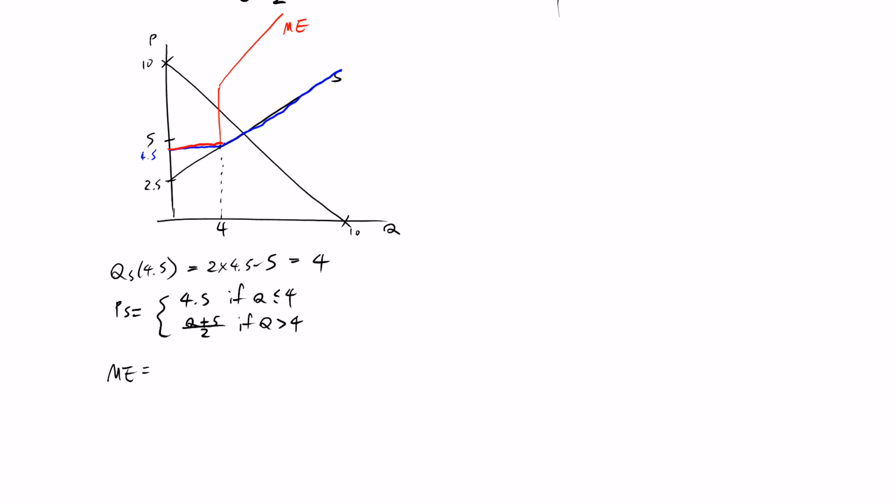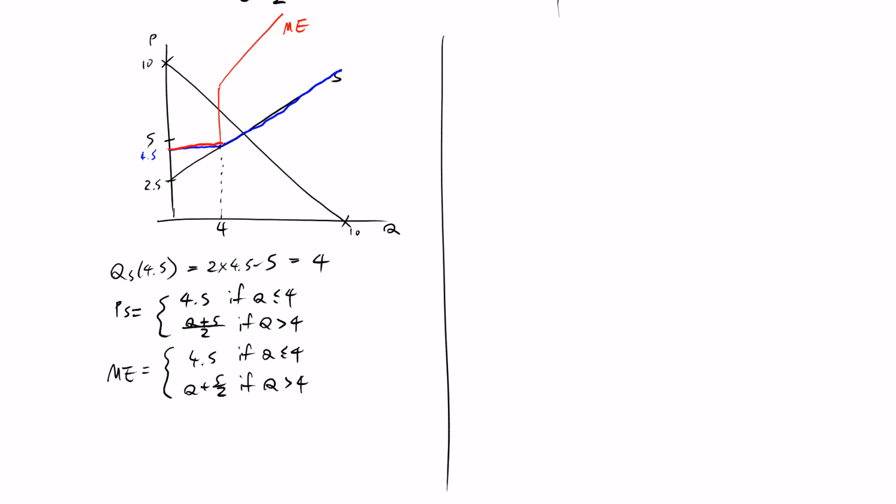Marginal expenditure would be 4.5 if you only hire 4 or below, but Q plus 5 over 2 if you hire more than 4.